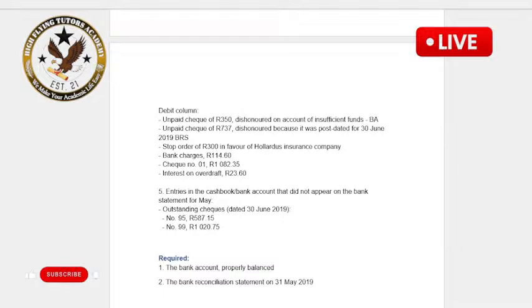And then we go to the next transaction. The next transaction speaks about a stop order of 300 in favor of Holadas Insurance Company. So here, remember, when you make a stop order, you just tell the bank to deduct the money from your account for this particular payment, and then they go and deduct.